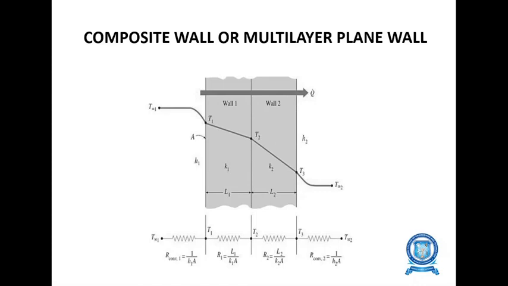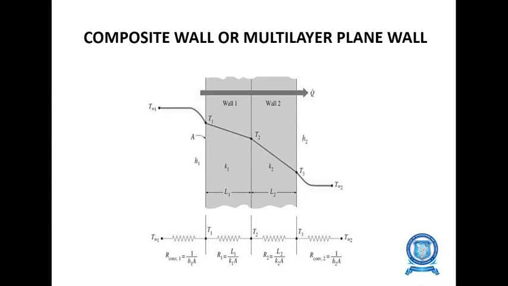So in this composite wall, two plane walls are composed, which gives two conduction heat transfers and two convection heat transfers. In order, the first is convection, the second is conduction, the third is also conduction, and the fourth is convection, where h1 represents the convective heat transfer coefficient for the initial condition, temperature T infinity 1 to T1. h2 is the heat transfer coefficient for the range from T3 to T infinity 2, where K1 is the thermal conductivity of wall 1 and K2 the thermal conductivity of wall 2.